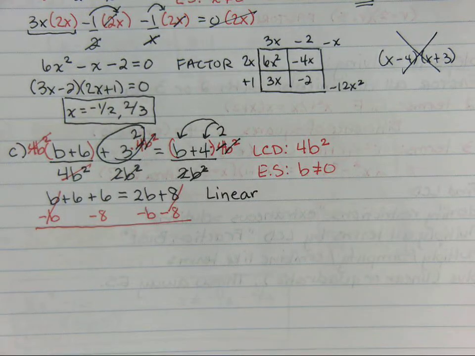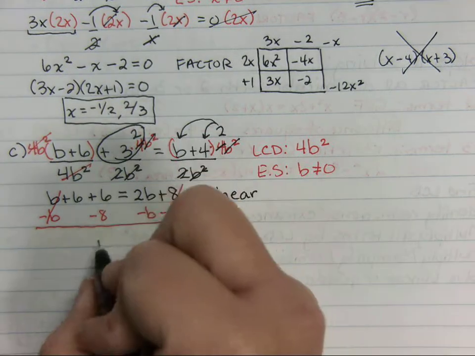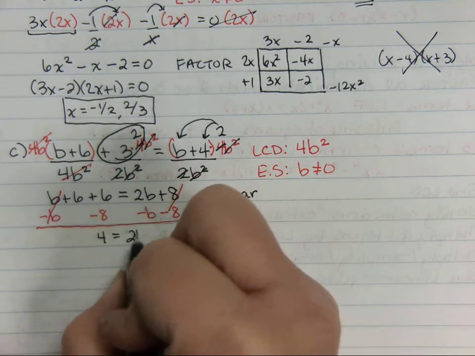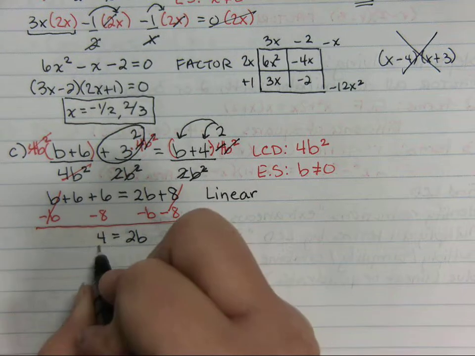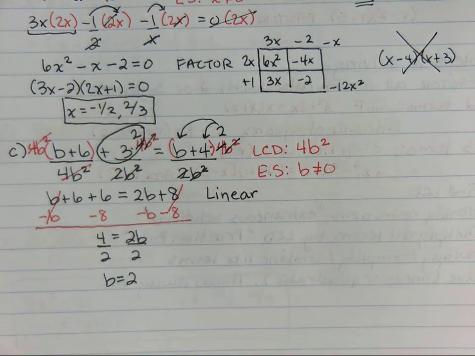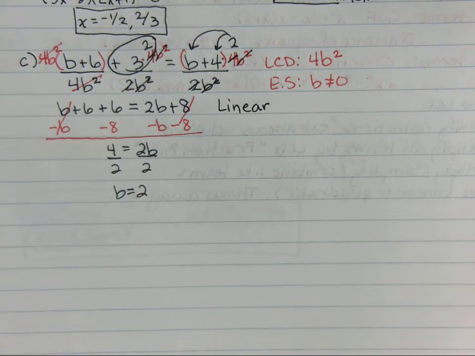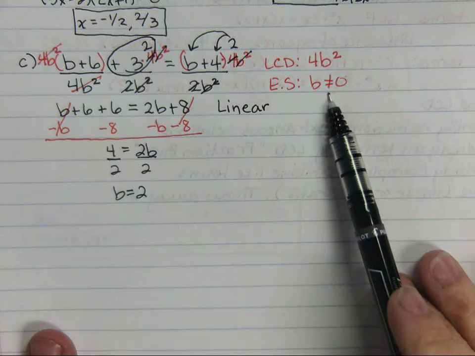So on the right hand side, I really have 12 minus 8 because I have the 6 and the 6 that are still there. So 12 minus 8 is 4 equals 2b. And so when I divide both sides by 2, I get b is 2. And again, just double check. As long as it's not 0, I'm good to go.